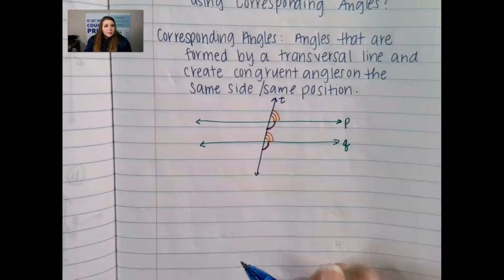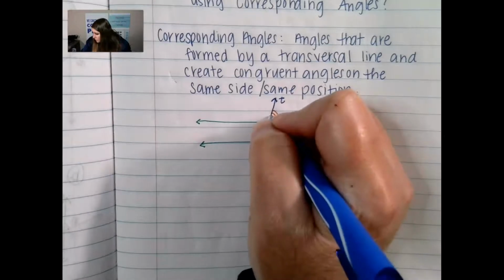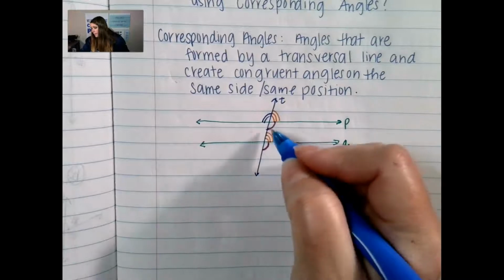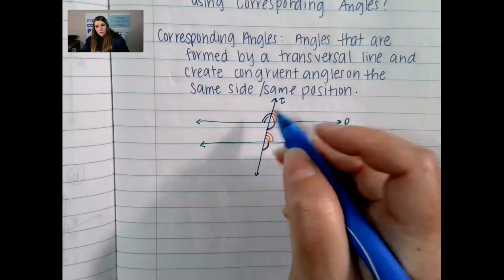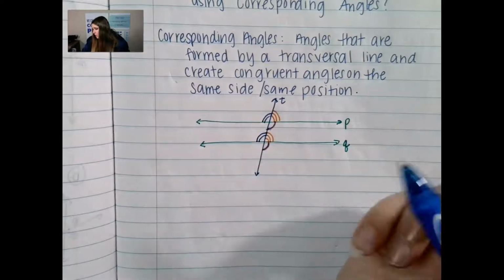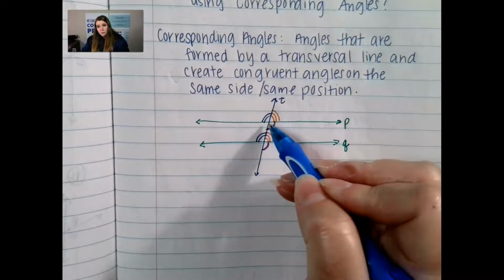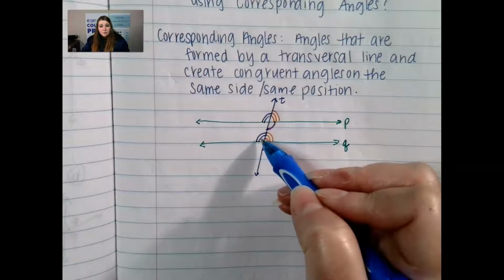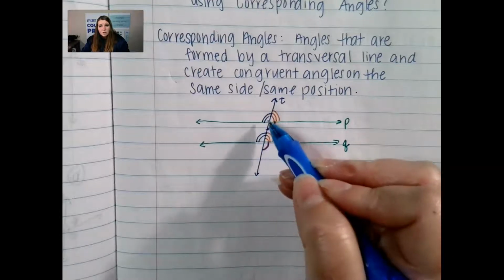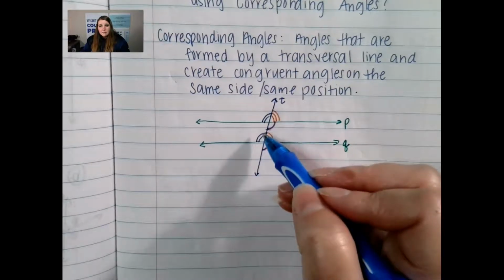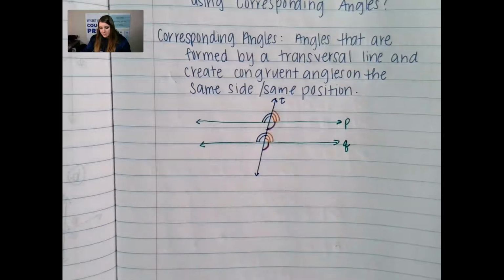So let's look at this one here. This measure here is the same as, or corresponds to, the measure here. Okay, the measure in blue, we're on the top left and we're on the top left of this line. They correspond to one another, so that means that they would have the same measure.